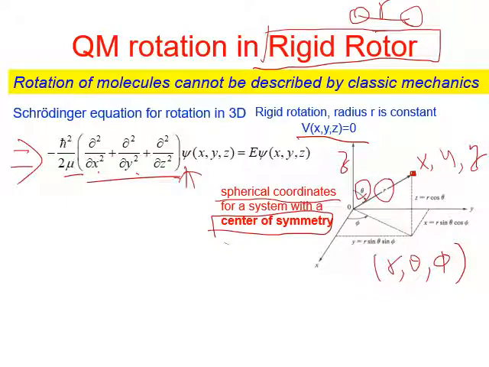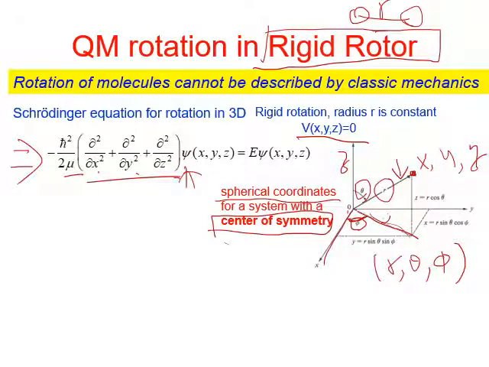This line projected onto the xy plane gives a new line, and the angle between this projection and the x direction is called phi.